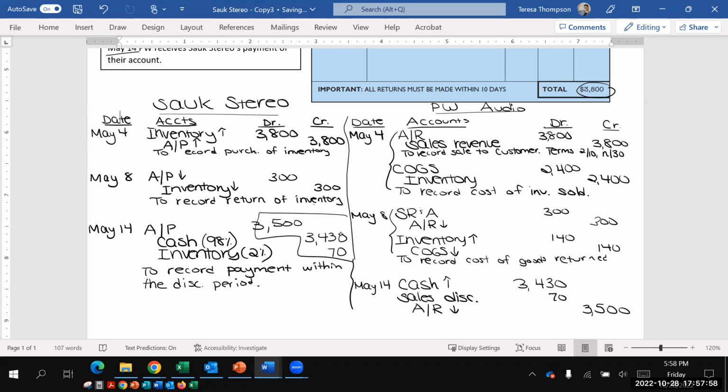Right? The nice thing is that it matches all the calculations we did earlier, so we don't really have to do the math a second time. To record receipt of customer payments in the discount period.